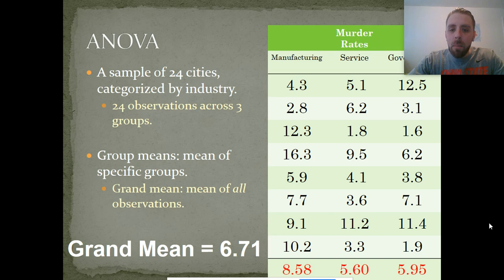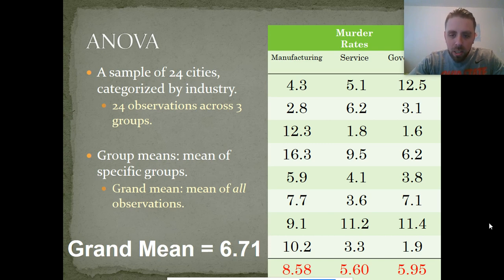If I add up all 24 observations here and divide by 24, that will get me the average of 6.71. However, if I add 8.58 to 5.6 to 5.95, and then I divide that by 3, that will also get me the same identical grand mean of 6.71. Pretty cool. So these are the means that I'm working with here.